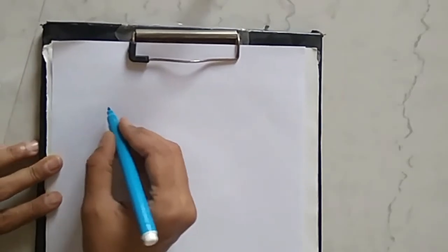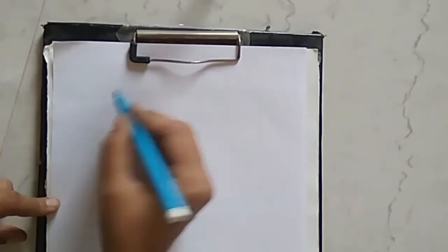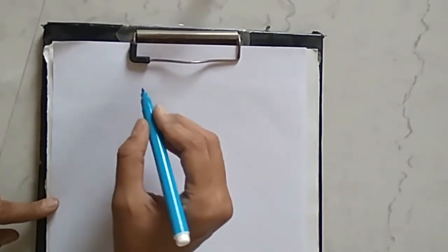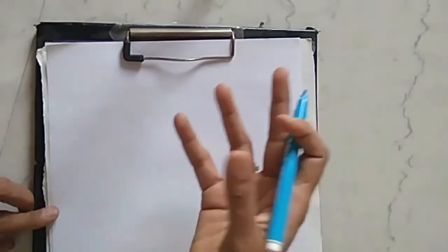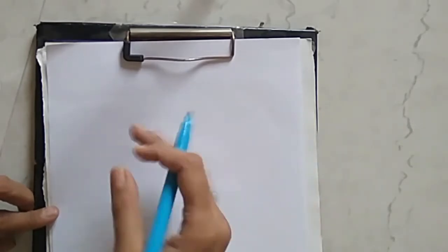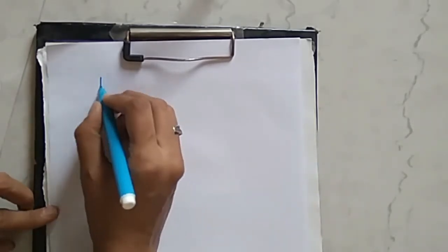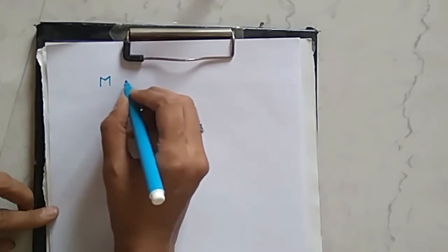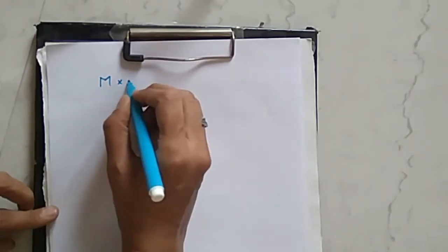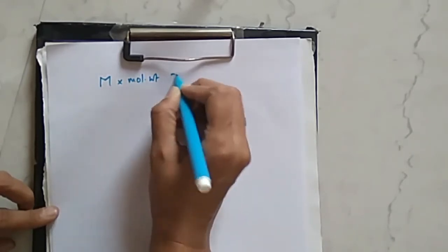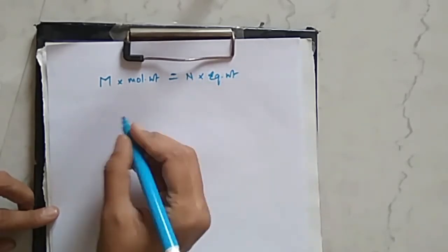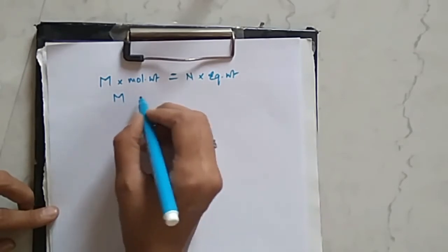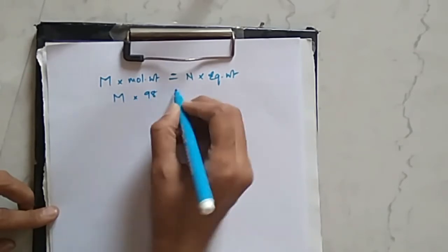Now, if we want to calculate the normality, we first need to identify the relation between molarity and normality, because phosphoric acid being a tribasic acid will have different calculations for molarity and normality. We know the equation: molarity into molecular weight is equal to normality into equivalent weight. Molecular weight is 98.